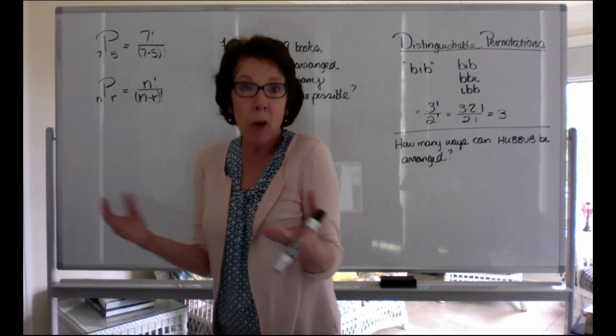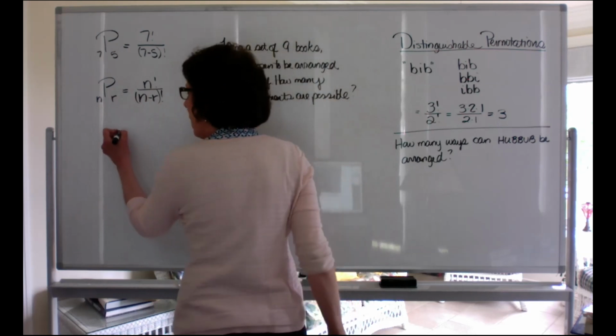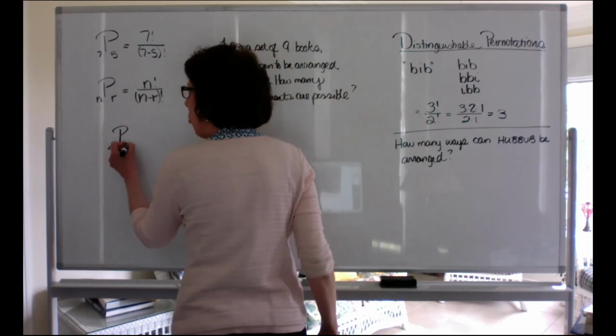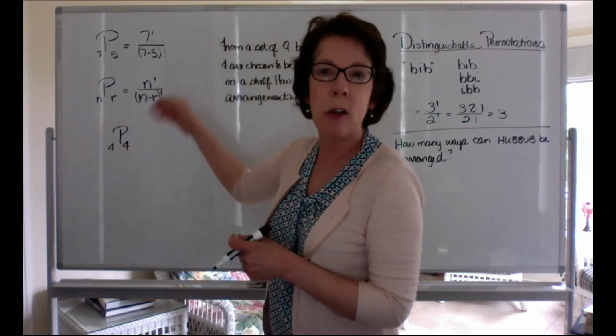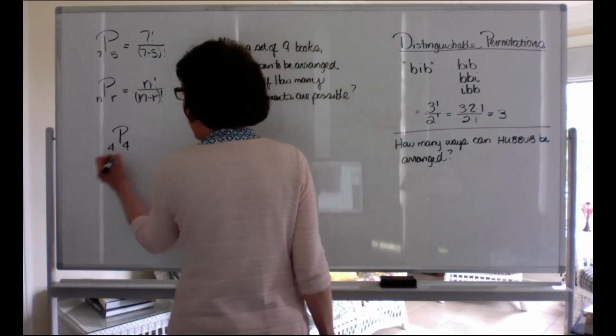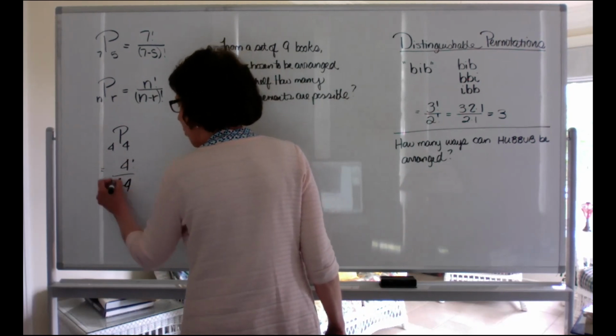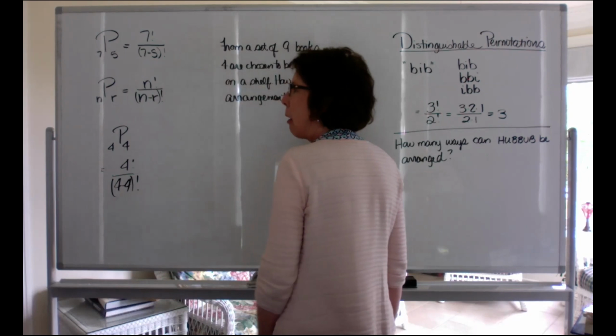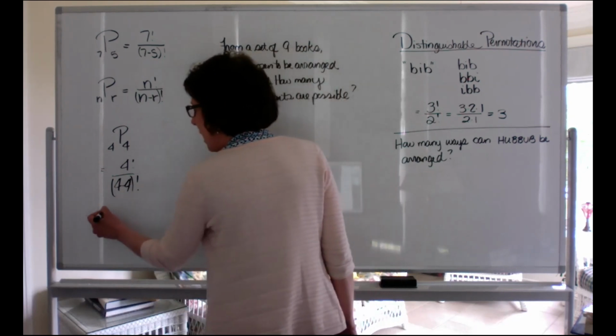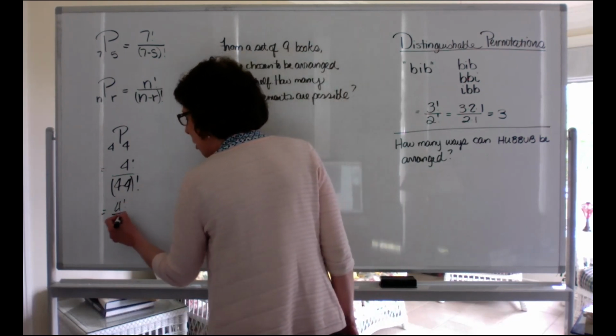Now, what if I'm going to arrange all of them? Well, let's just say this. Let's say we have 4 letters and we want to arrange all of them. Does that still hold up? Well, let's check it out, okay? So that would be 4 factorial over 4 minus 4 factorial. I'm following my formula here, which would be 4 factorial over 0 factorial.